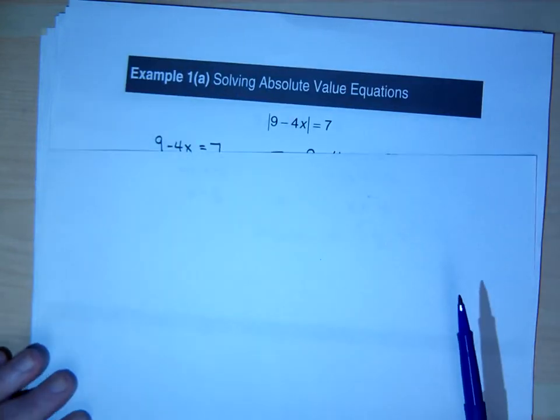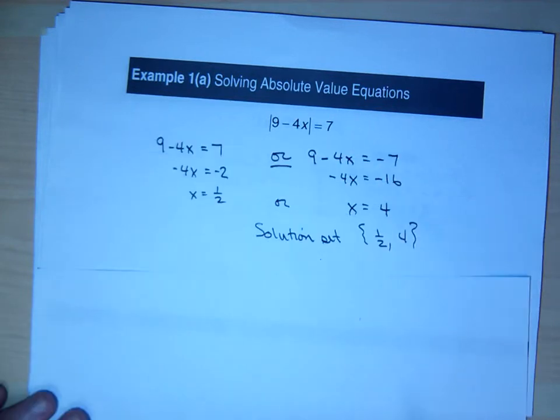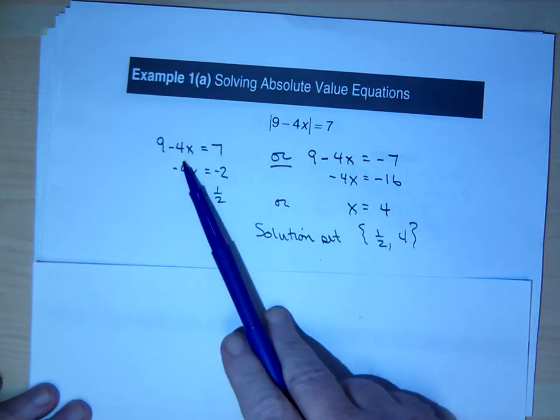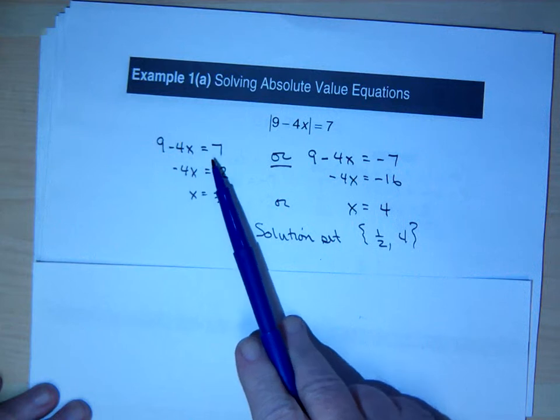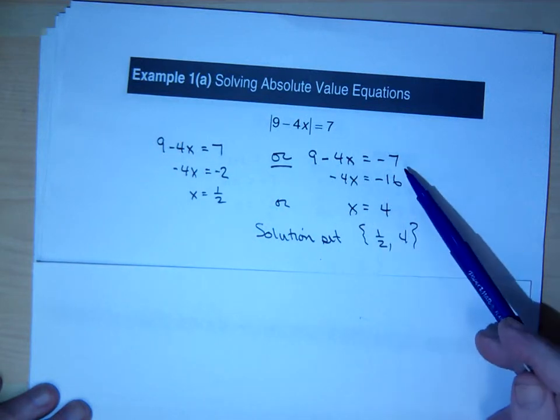So here's the first example that we'll do. We have the absolute value of 9 minus 4x is equal to 7. This corresponds to the rule I talked about called number 1, where the absolute value of z is equal to p. So what I will do is say that the role of z here is being played by 9 minus 4x, so either this is equal to 7 or that is equal to negative 7.